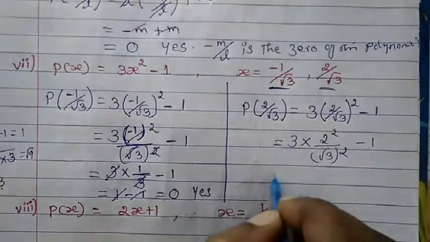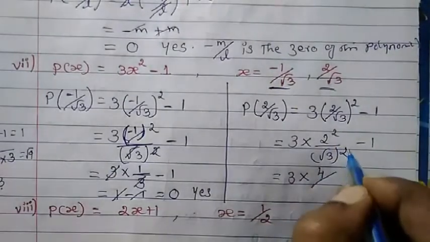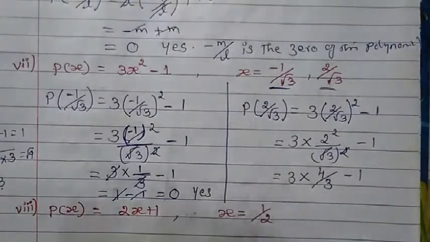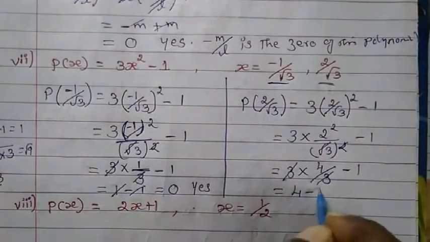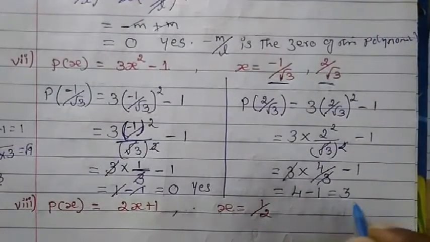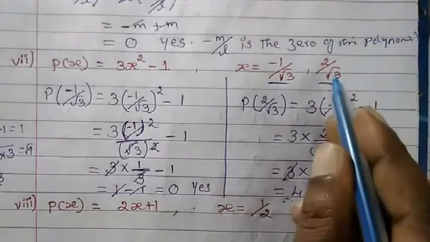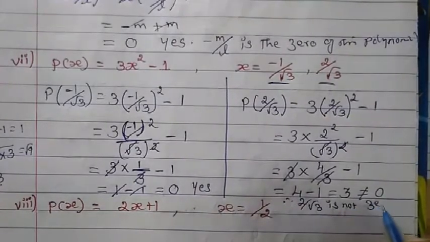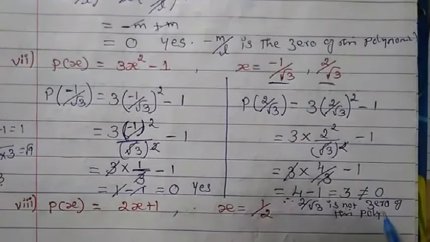So minus 1. So 3, 2 square is 4, and when the square goes, the root also goes, 3, then minus 1. 3 and 3 get cancelled. Now what will we get? 4 minus 1, that is 3. So this is not equal to 0. Therefore, 2 upon root 3 is not the 0 of this polynomial.